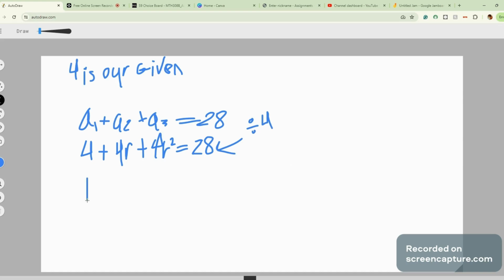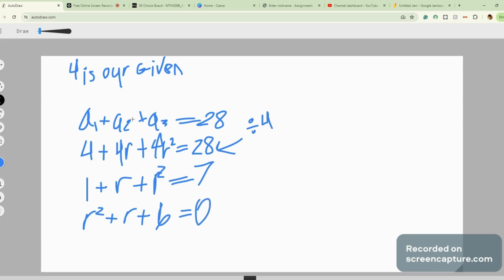Anyways, so doing all of that will get you 1 plus r plus r squared equals 7, and then moving this 7 over here and subtracting it by 1 and rearranging the numbers is going to be r squared plus r plus 6, plus 6, not plus 1, equals 0.